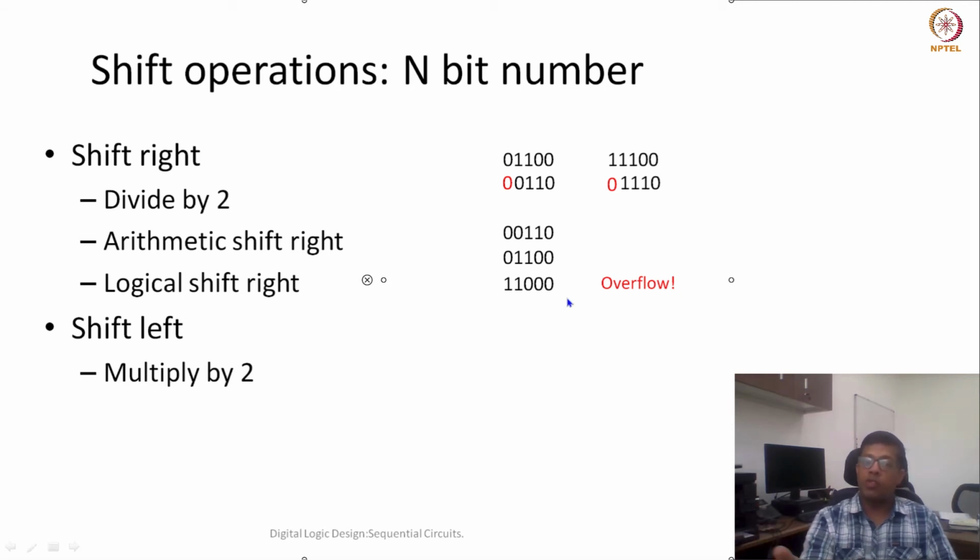We have to check whenever we are shifting left: if the most significant bit or the sign has changed, that means there is an overflow. Okay, but if there is no overflow, it will ideally work correctly. Correct? So yes, this is how these shift operations can be done.